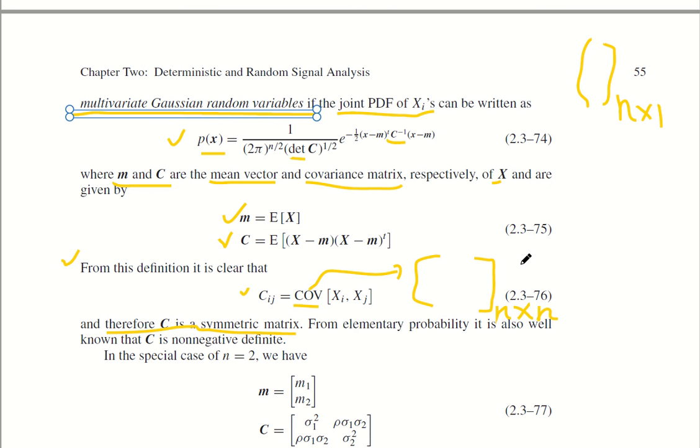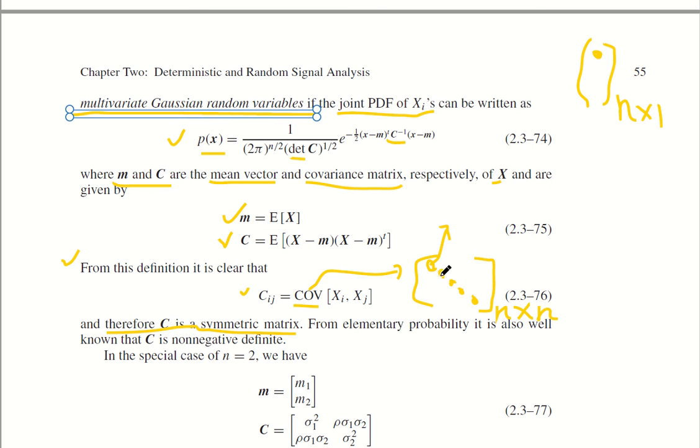So it's n by n, and you have these diagonal elements of the covariance matrix. Okay? And then what is this? Think about it. What is this first element? The first element is the variance of this first variable.